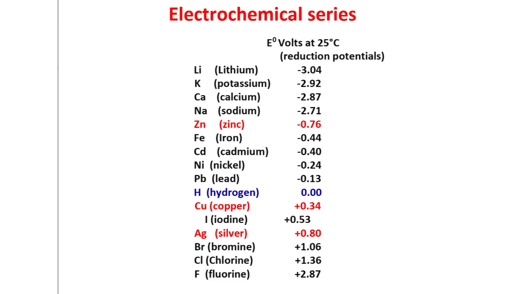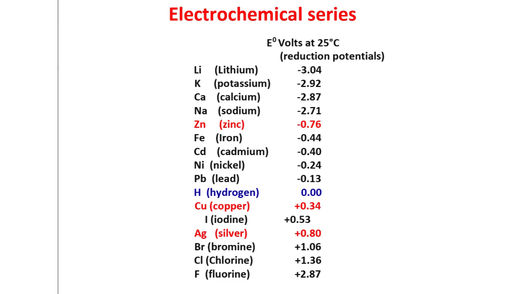That means zinc is more reactive than hydrogen, and zinc has reduction potential value of minus 0.76. So it has a tendency to undergo oxidation. That means when zinc is treated with sulfuric acid, zinc can displace hydrogen from sulfuric acid, liberating hydrogen. The reaction between sulfuric acid and zinc is possible, and zinc can liberate hydrogen from sulfuric acid.